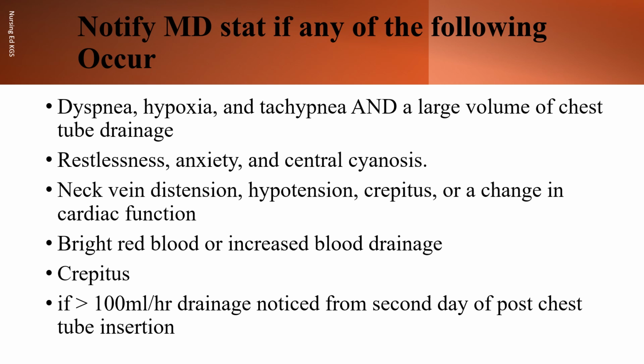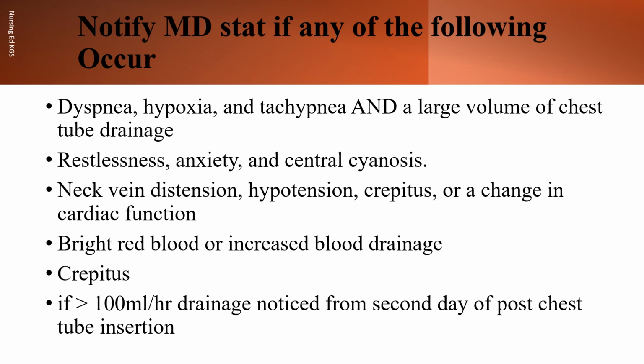If you notice your patient is having neck vein distension or jugular vein distension, hypertension, crepitus, or any change in their cardiac function, this could indicate that the patient is having tension pneumothorax.